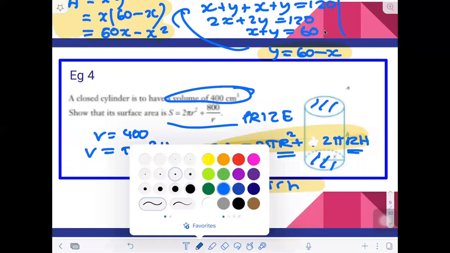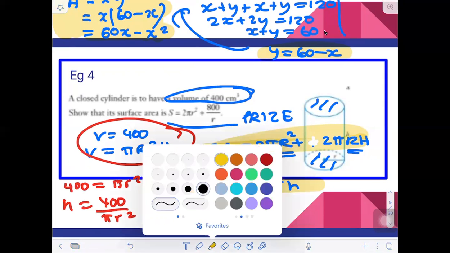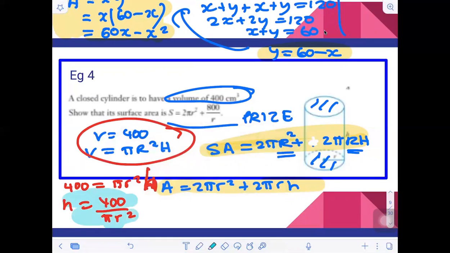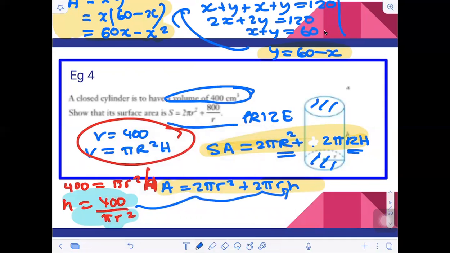So if I take the volume that is here, and I make 400 equal pi r squared h, then I can get the h. If I change the subject, I can get h in terms of r. Then all that is required now is to get that h and sub it into there.